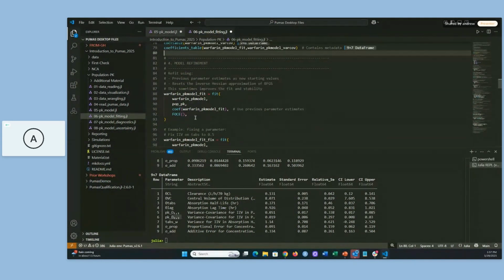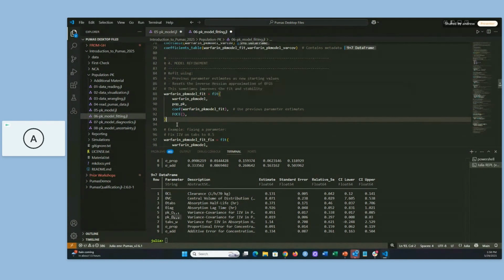Model refinement. This is the example where, okay, we ran one fit. Sometimes it's nice to be able to run, especially for your initial model, just run the prior parameter estimates from where they are, just to make sure you're not stuck in some energy well.